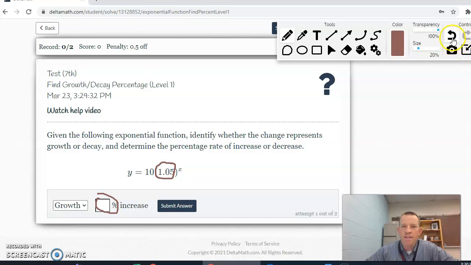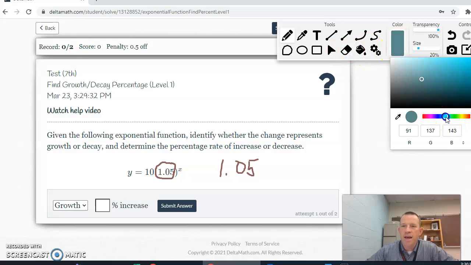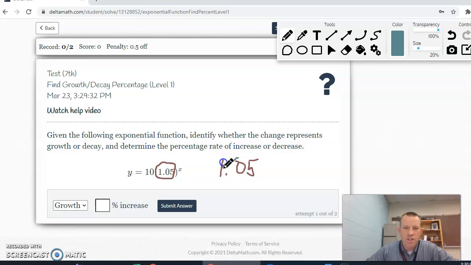Well, taking a look at the decimal, it's 1.05. Now, the 1 is just what identifies that it's growth, because we're going to multiply times the original value, or times 1, which stays the same, but then the 0.05 is the decimal that changes it.